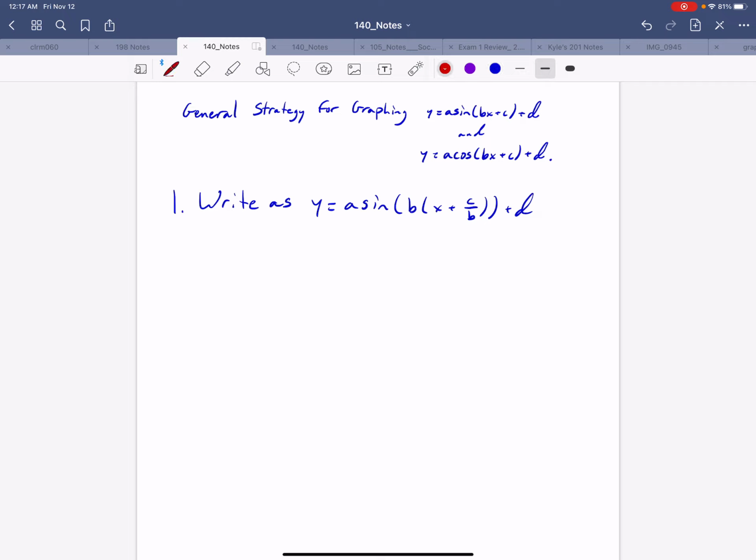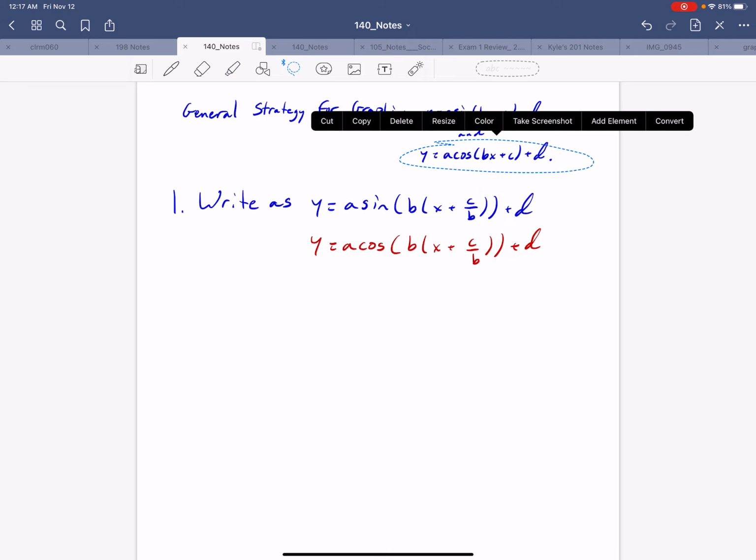Or, I'm going to make cosine pop a little bit more, y equals a cosine of b times x plus c over b, plus d. The same exact thing. Let me make this pop a little bit more by making it red.